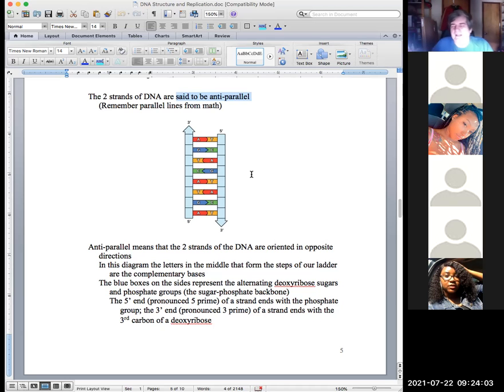When your cells are getting ready to divide by mitosis or meiosis, remember that they replicate their DNA during the S phase. And S takes different lengths of time in different cells, but typically it takes a few hours. So in a few hours, the cell can accurately replicate 3 billion nucleotides.